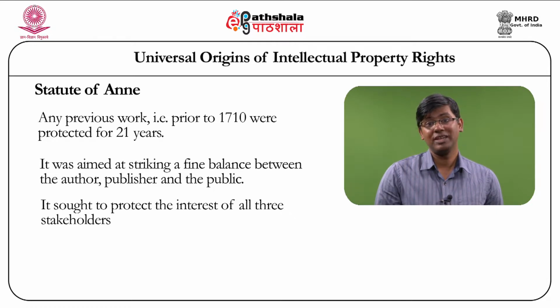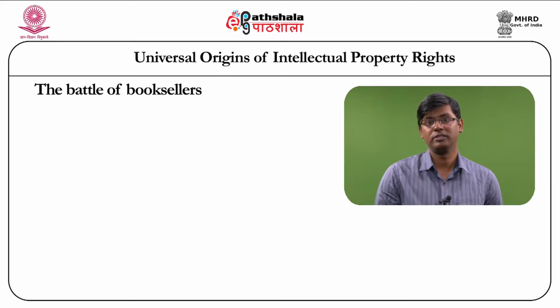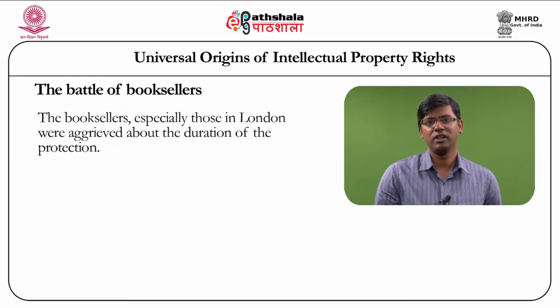But with the Statute of Anne restricting the term of protection to a period of 14 years, there was also what is called the battle of the booksellers. The battle of the booksellers is a fairly important development that happened at a very early stage of the Statute of Anne. Largely, the booksellers based in London were completely aggrieved about the duration of the protection.